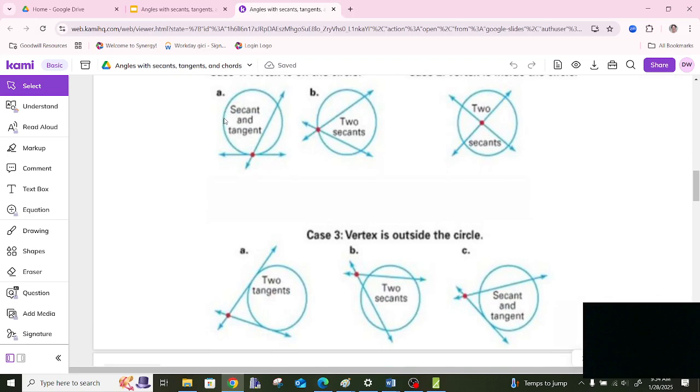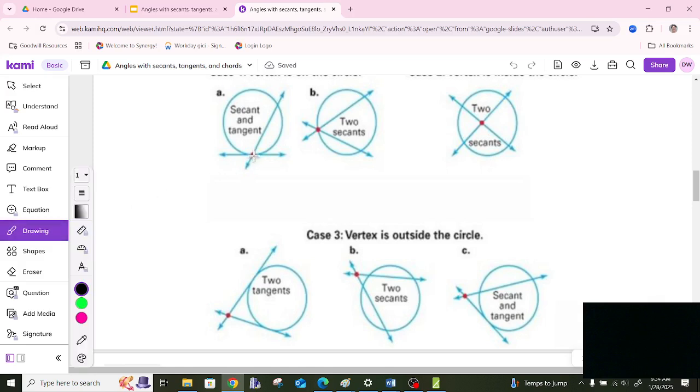So this vertex right here, do you see the vertex? It's the angle where these two lines intersect. So we have a secant intersecting a tangent, and that vertex where they cross is on the circle. We also have two secants that intersect, and their intersection is also on the circle.